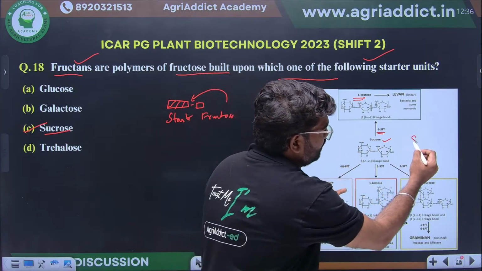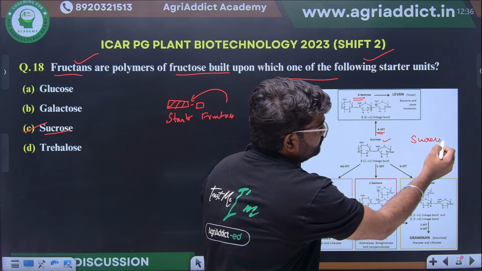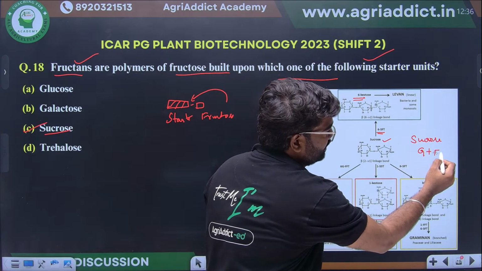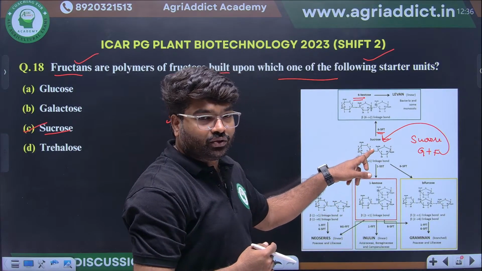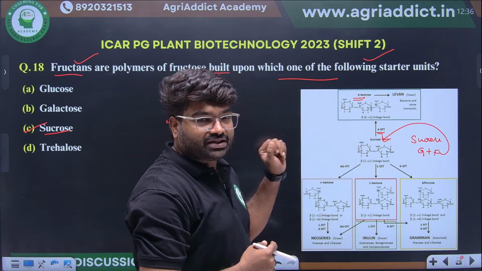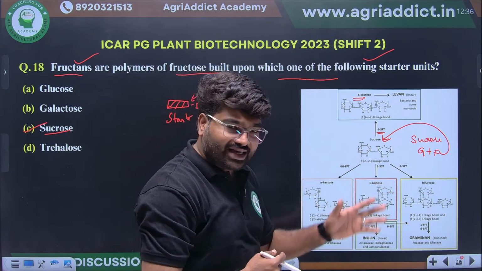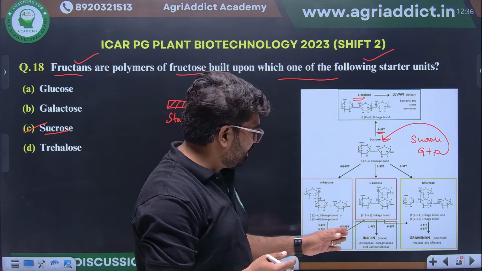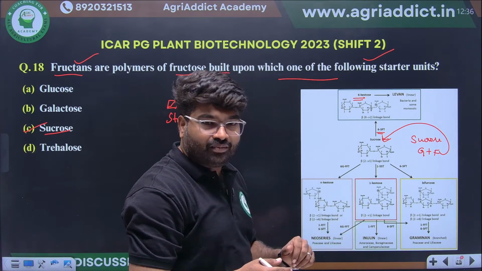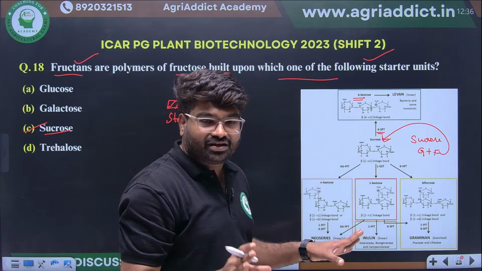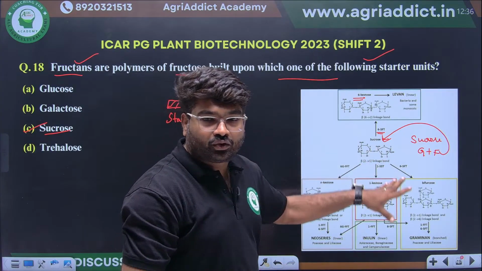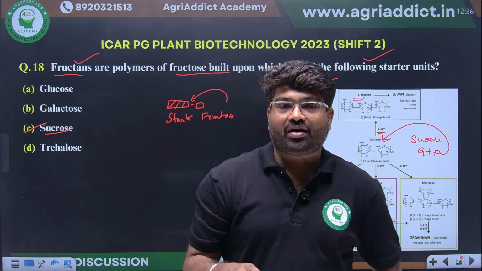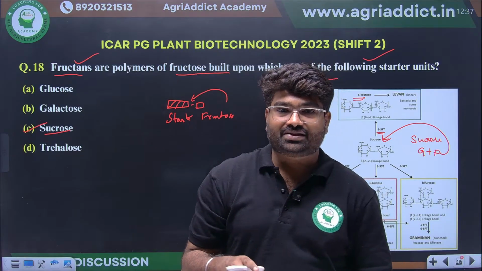Then another molecule of sucrose will come, which has glucose and fructose. The fructose will be transferred to the first molecule of sucrose. That will lead to synthesis of fructans. There are different classes of fructans, like levan type, grass type, graminan type, neo type. That is not that important. You have to know the basics. So sucrose will be the starting molecule.